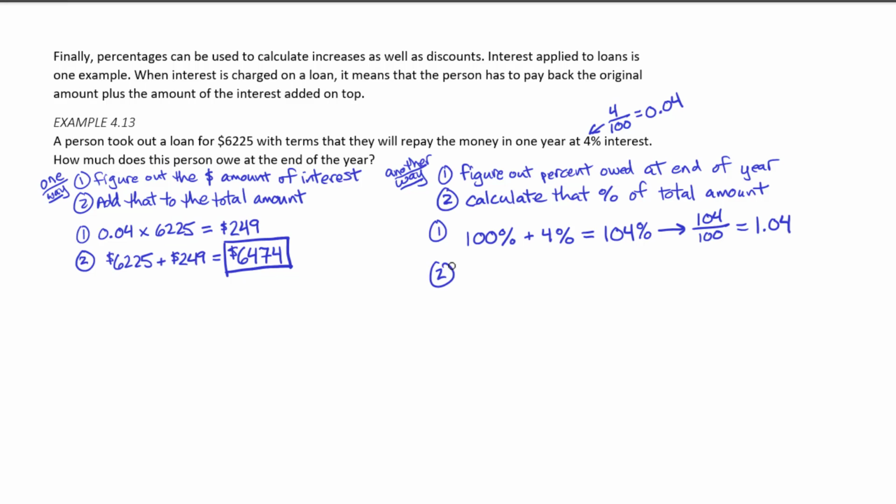So we can use that to calculate the percentage of the total amount. 1.04 times 6,225 comes to 6,474. So that's the exact same amount that we got before, because we're just doing the math a little bit differently, but it's the same math in a different order.